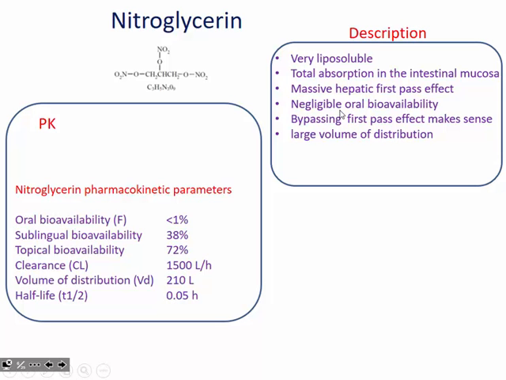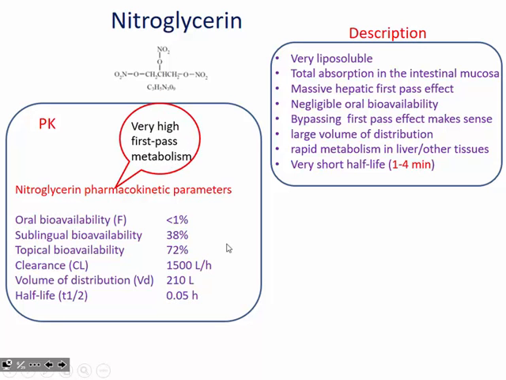So most of the drug gets chewed up in the liver. So it makes sense to administer nitroglycerin not as an immediate release tablet form, because you will have only 1% of the drug available. Remember, nitroglycerin has a very high first pass metabolism.